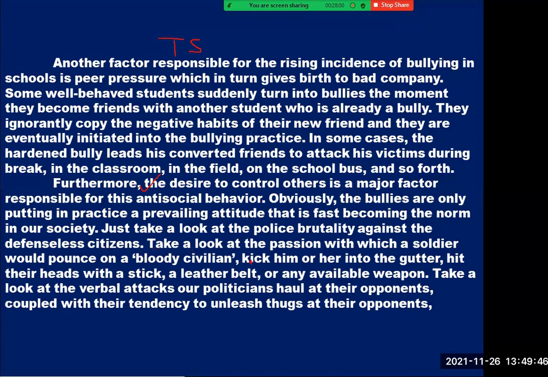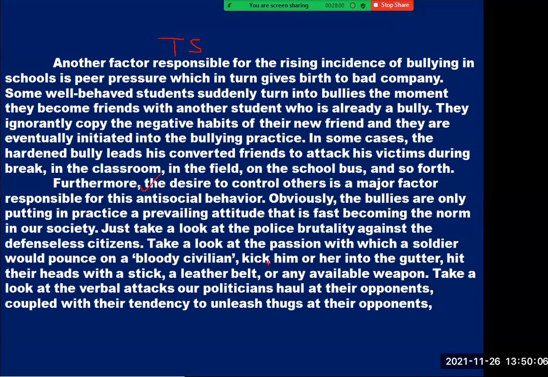Take a look at the passion with which a soldier would pounce on a bloody civilian. You know, in our own society, soldiers call civilians bloody civilians, so you put this in quotes just to emphasize that idea.